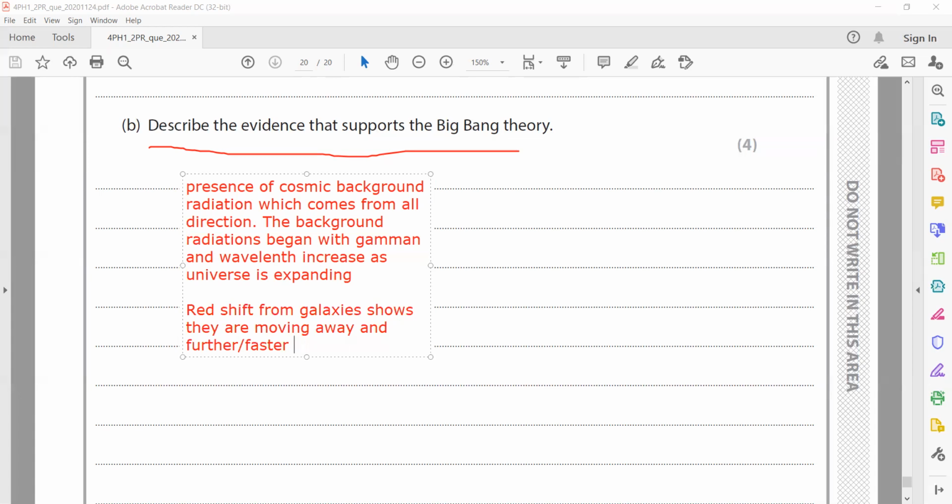So the further and faster galaxies show greater redshift.